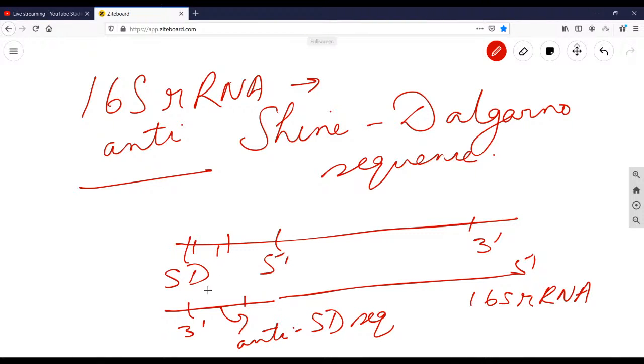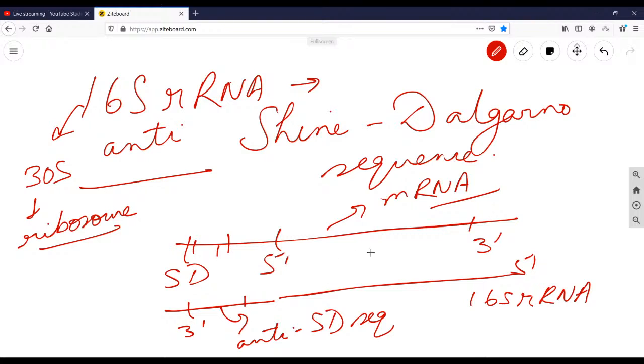When they bind via complementary base pairing, the mRNA binds to the smaller subunit of the ribosome. One mark question: this belongs to which subunit? The 30S subunit of the ribosome.